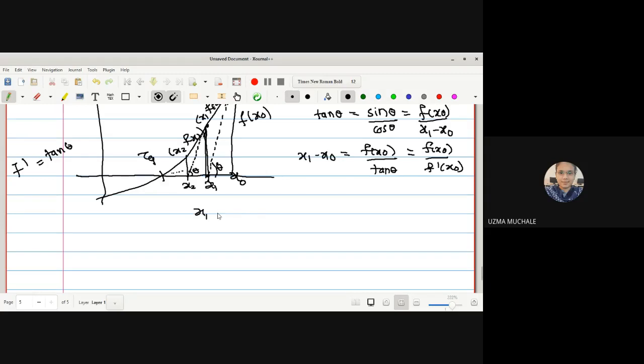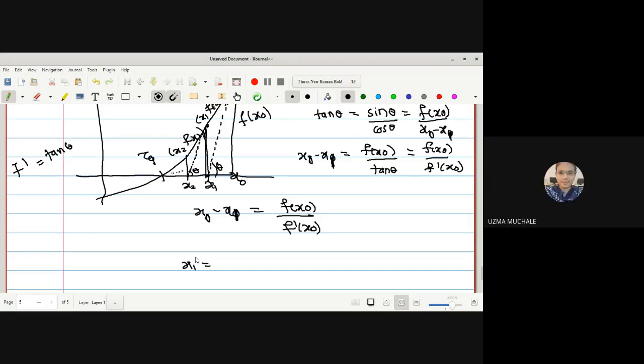Let it be. So it is x1 minus x0. We have to write it as f of x0 divided by f dash of x0. So we can write x1 is equal to x0, sorry, it should be x0, ma'am, minus. We find the derivative, that is the slope, and tan theta is also the slope, that is why f dash is equal to tan theta.